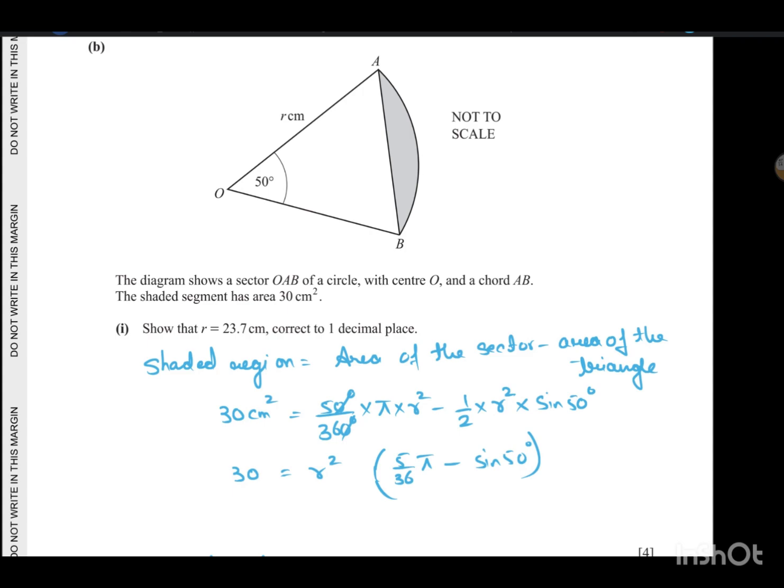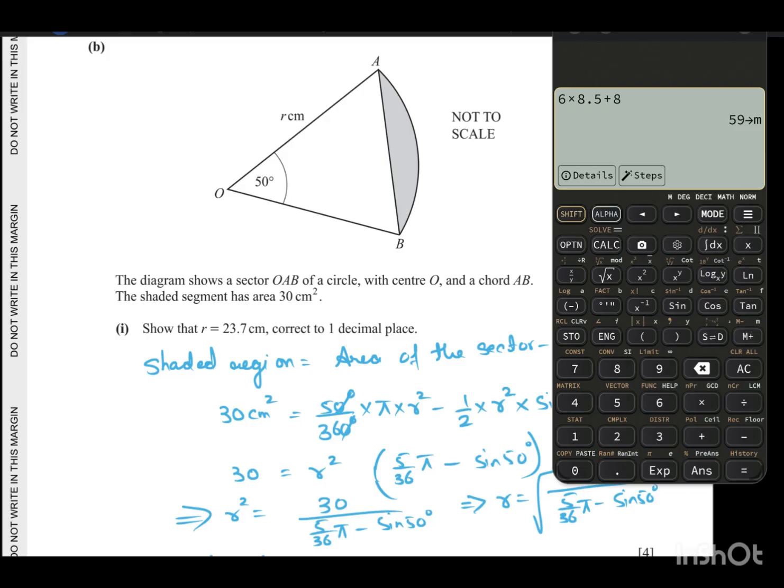Now bringing r square onto the left hand side and 30 to the right hand side, r square is equal to 30 by 5 by 36 pi minus sine 50, and this will give you r as square root of 30 by 5 by 36 pi minus sine 50.